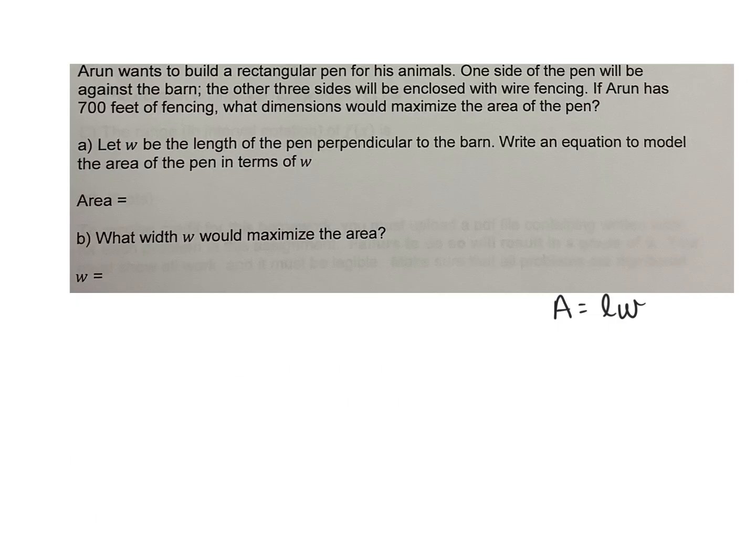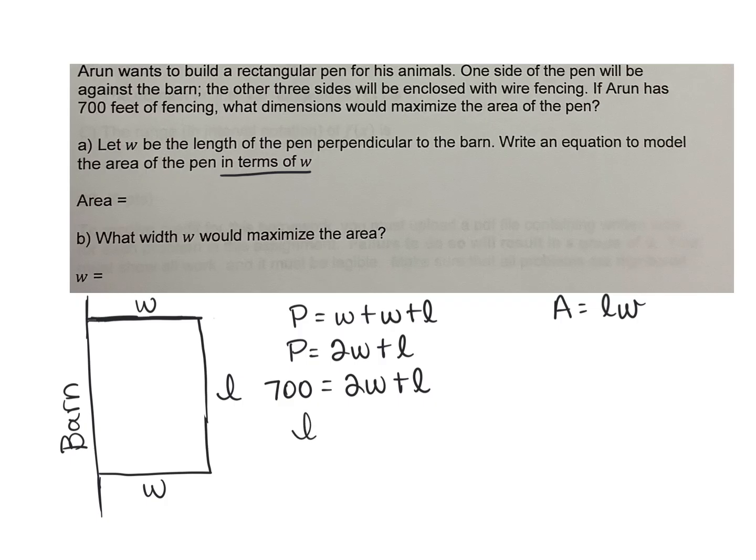And what we're going to do is, because we want it in terms of W, that means W has to be in the equation that I create. So I'm going to take this equation and solve for L. So L is going to be equal to 700 minus 2W. And now we're going to take 700 minus 2W and plug it in where L is.